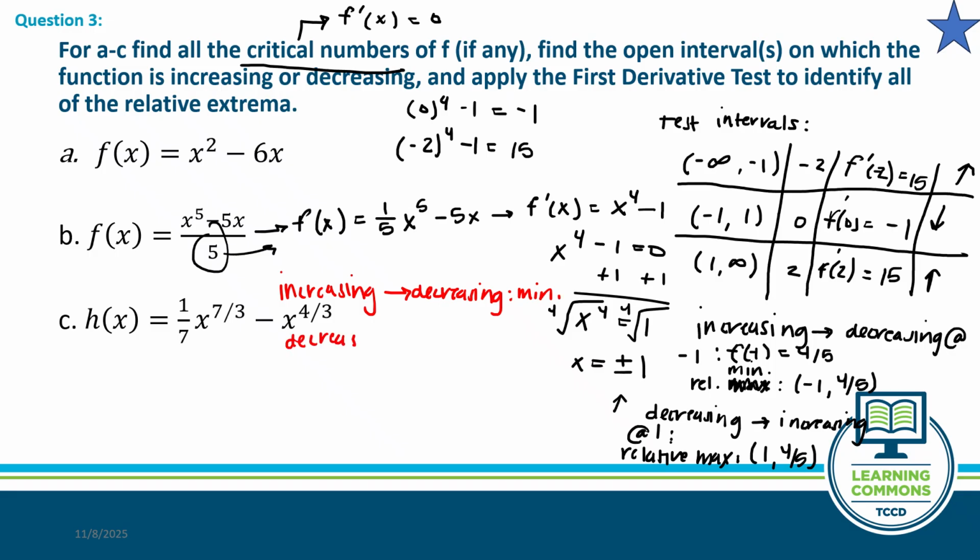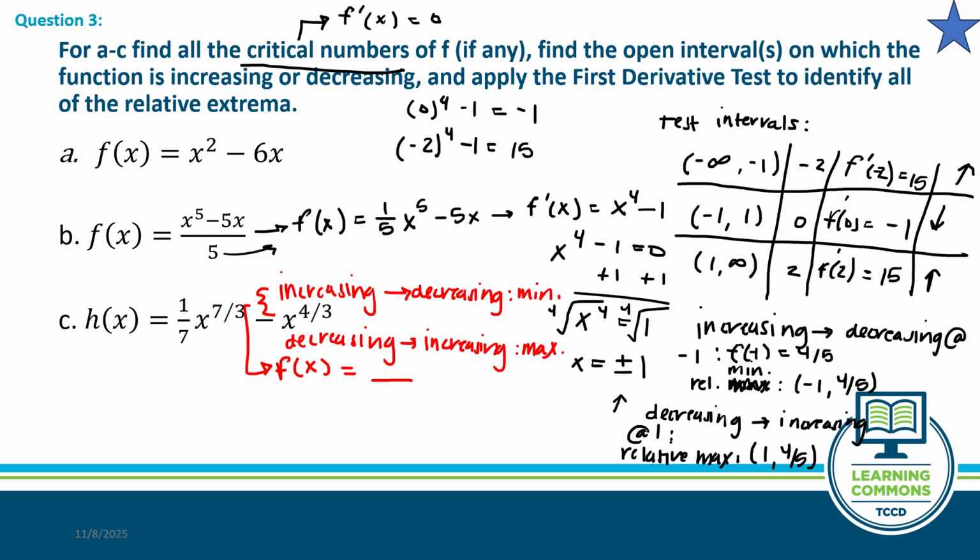Decreasing to increasing will be a minimum. And define your actual points: plug it into f of x and solve. Okay, so not anything super crazy hard, just inconvenient.